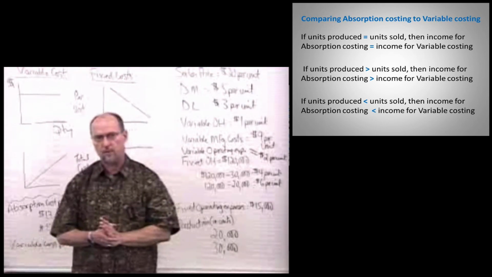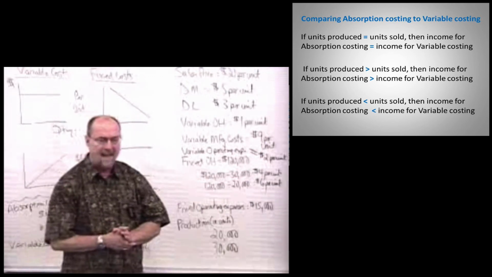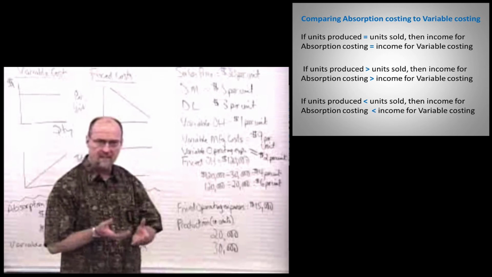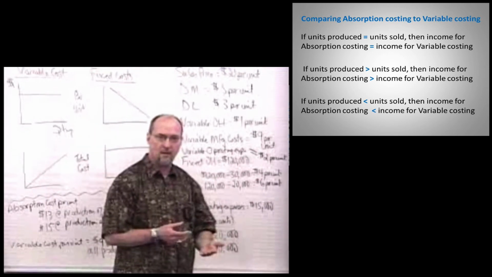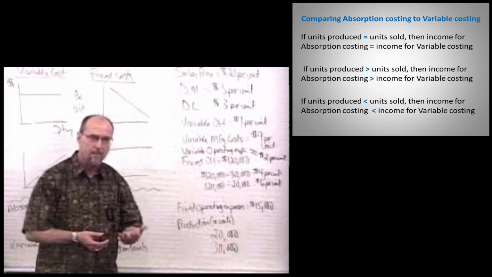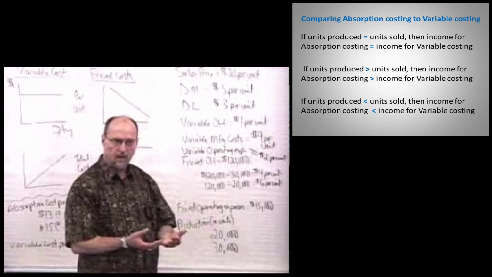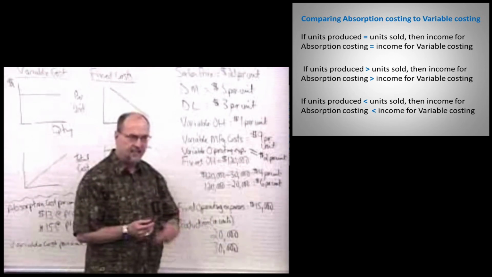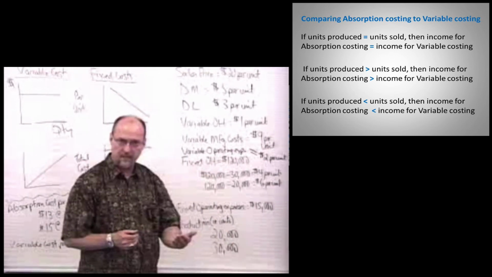One of the problems with absorption costing is that a manager can manipulate inventory levels, and as a result they can manipulate what their profits are. So a manager might get a bonus or a commission based on what operating income is. Well, one thing that he can do, which isn't good for the company, is he can intentionally build or manufacture more inventory than we can sell.